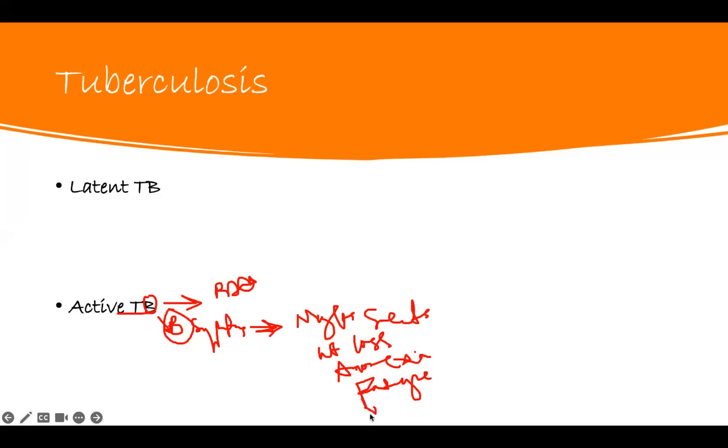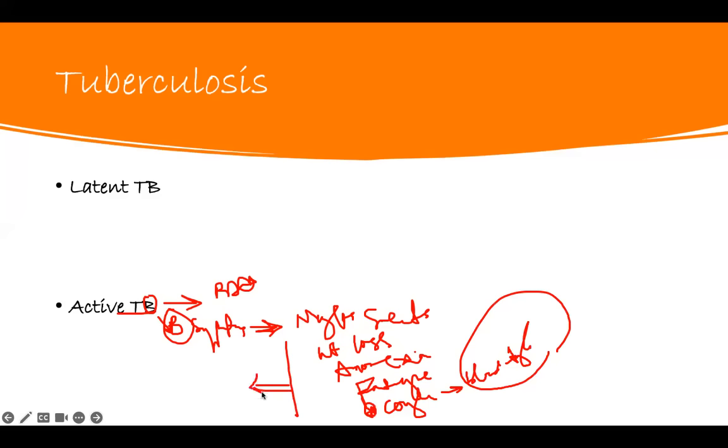But for tuberculosis, they can also have a cough, and there may be a little bit of blood in it. So that's how you can remember: if you know what B symptoms are, night sweats, weight loss, anorexia, and fatigue, common to lymphoma, and then you add cough to it, that is active TB.